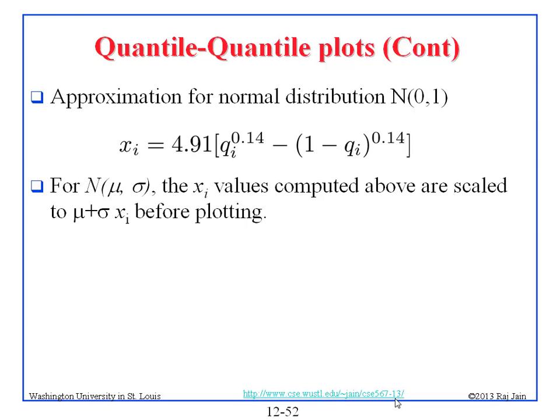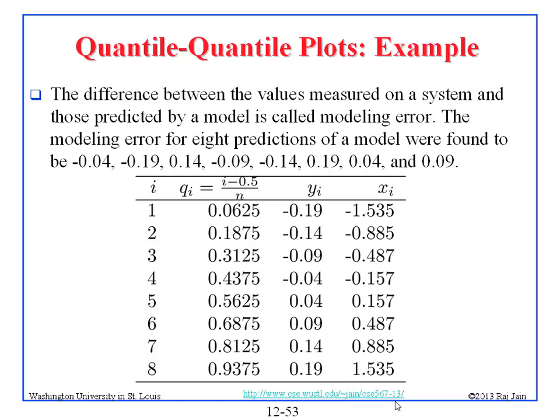Okay, now let's take the example. The errors were found to be these values, minus 0.4 and so on, up to here. We want to see if this is normal. First of all, we sort these. After sorting, we get these values: minus 0.19, minus 0.14, and so on, up to plus 0.19.